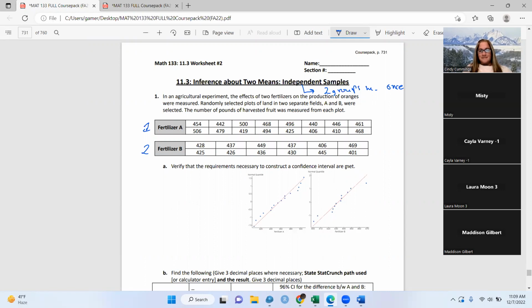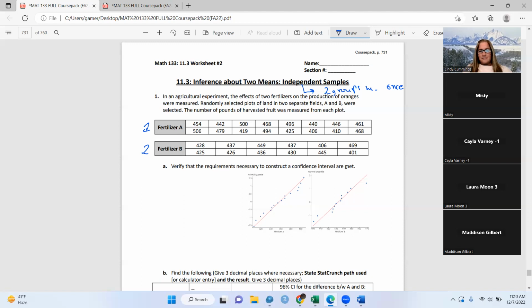It's here's the data set from the first field, here's the data set from the second field. They're independent. There's no connection between the 2. It's not a before and an after. In fact, if you count the sample size for B, it's a smaller sample size than A. So we can't match up values and subtract. There's not enough. So that's another clue. We're working with independent samples.